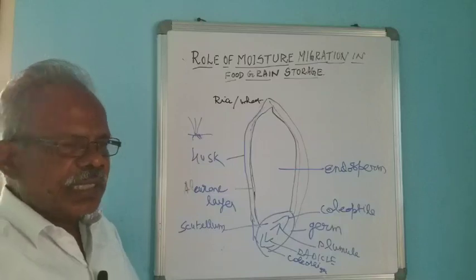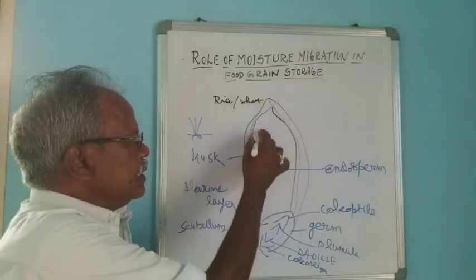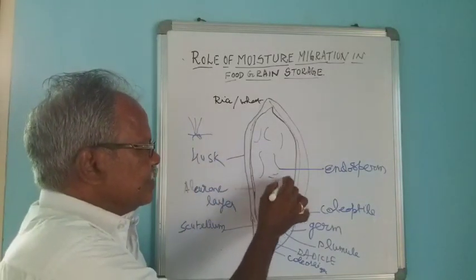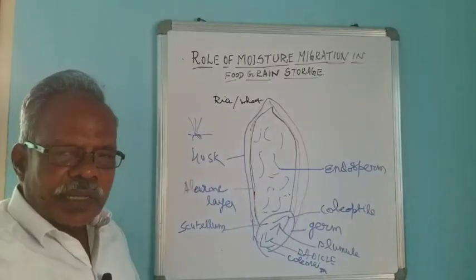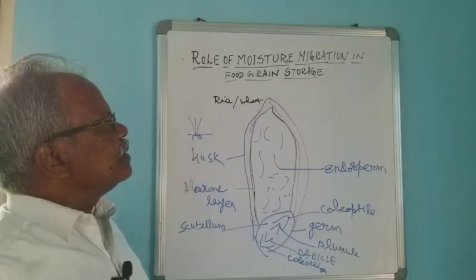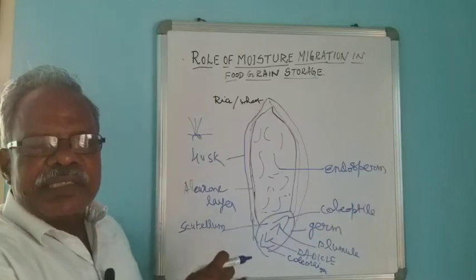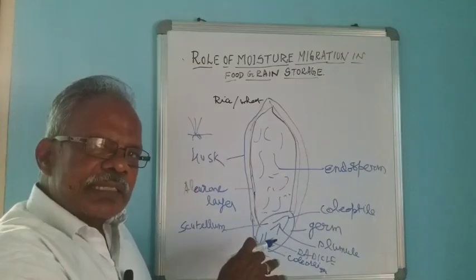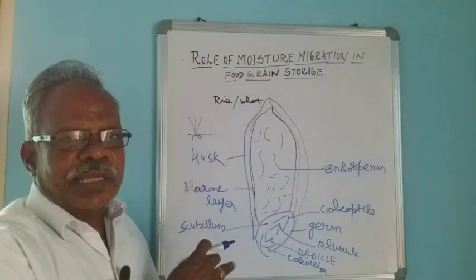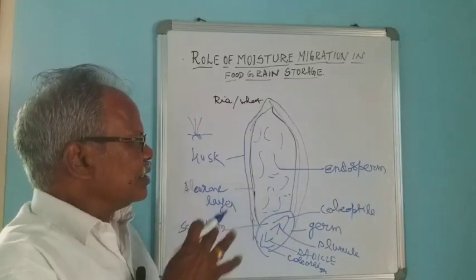Now, these are all called cells. There are a lot of cells, and this is called endosperm. Now, during storage, when the moisture is more or when the moisture is at a safe level, what happens to the grain storage, that we are going to see.